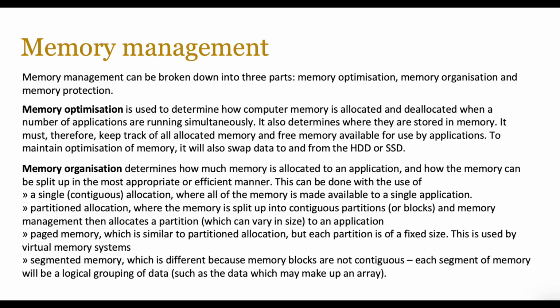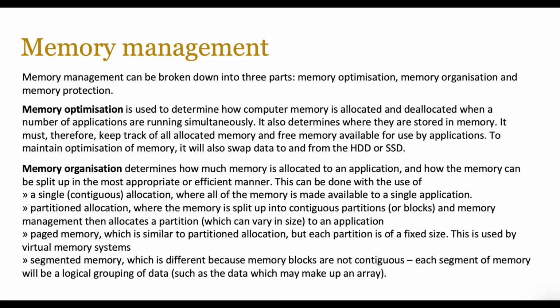It optimizes it. Memory organization, on the other hand, determines how much memory is allocated to an application and how the memory can be split up in the most appropriate or efficient manner. This can be done with the use of a single allocation, which is called contiguous allocation. That keyword contiguous might come up in an exam, so make sure you know what it is. It's a single allocation where all the memory is made available to a single application.